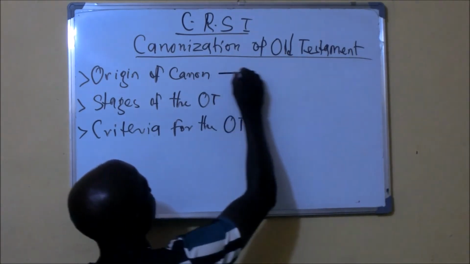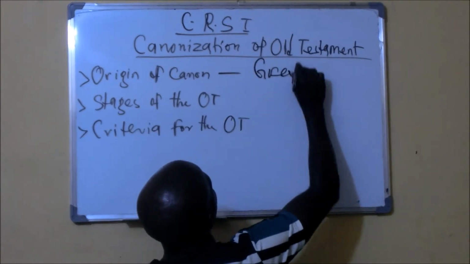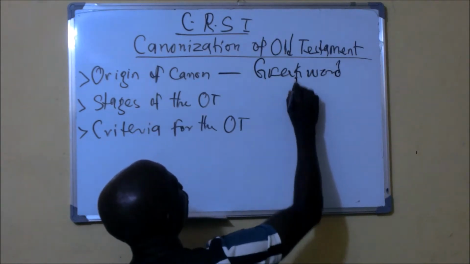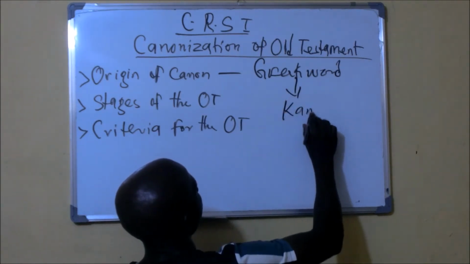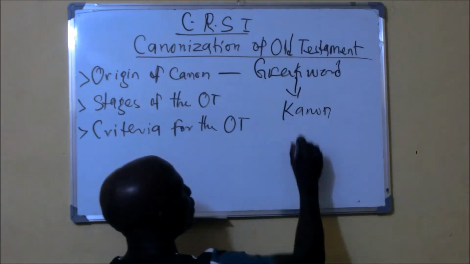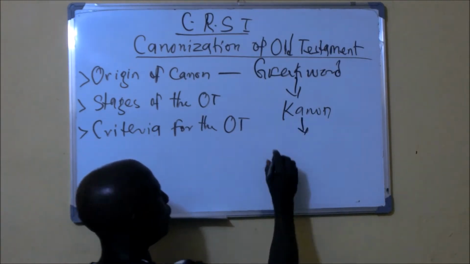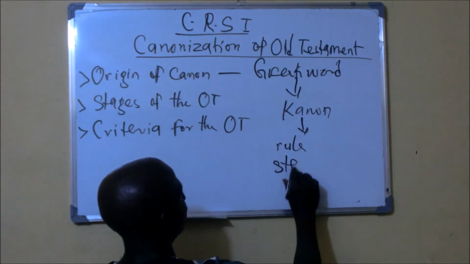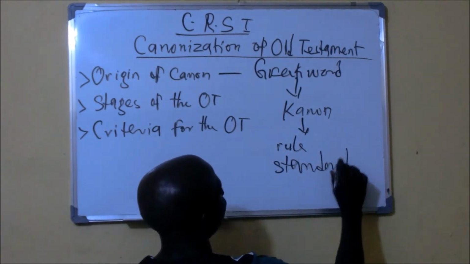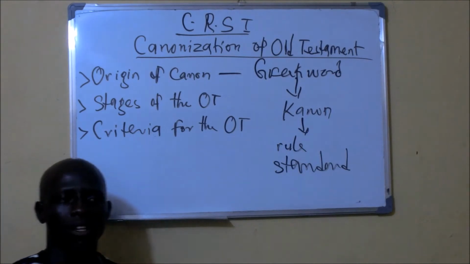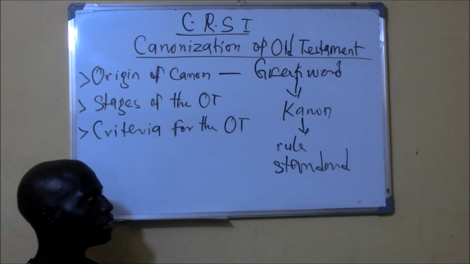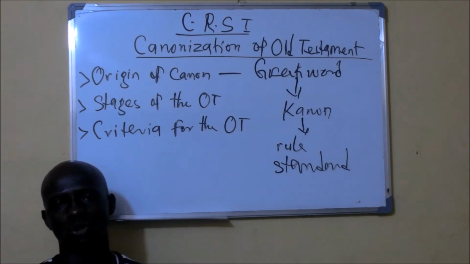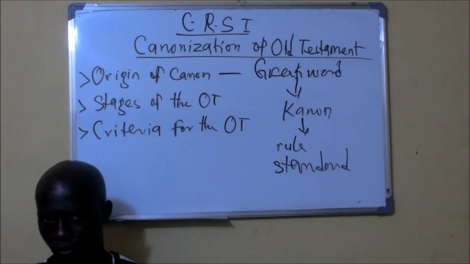The word canon is derived from a Greek word called canon. Canon simply means rule or standard. In our last class under Series 2, we said that the word canon has a primary definition and a secondary definition.